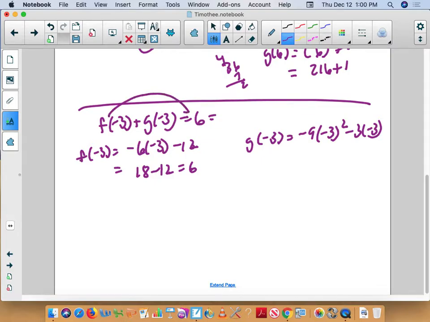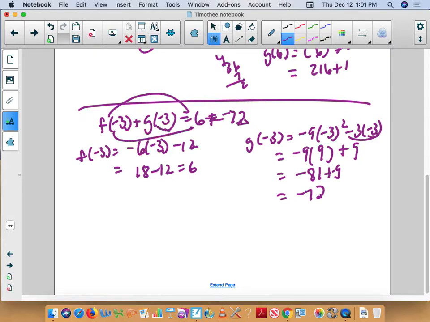So that's f of negative 3. g of negative 3: what's negative 3 squared? 9. And negative 3 times negative 3 is plus 9. That gives me negative 81 plus 9 is negative 72. So I have f of negative 3 plus g of negative 3, 6 plus negative 72 is negative 66.